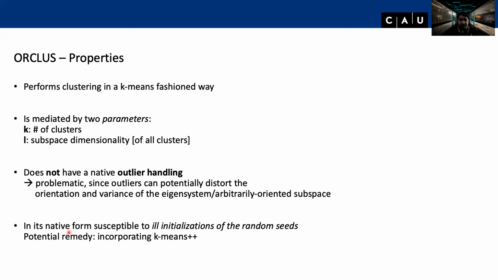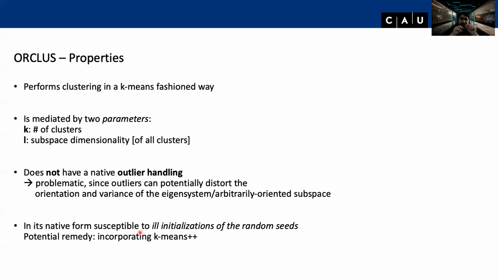And one aspect which may seem kind of minor, but it's interesting to investigate. So this is also a potential bachelor or master thesis or project we can sit together on. In its native form, this algorithm is highly susceptible to an ill initialization of the random seeds. If you know, for instance, the classic k-means algorithm, it is also exposed to this ill initialization.